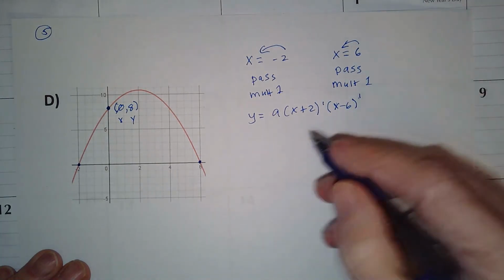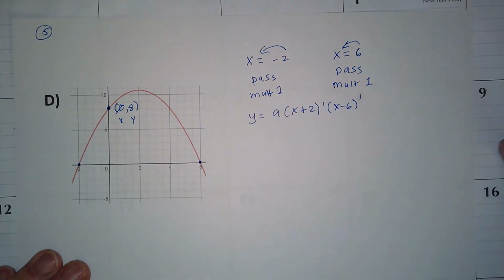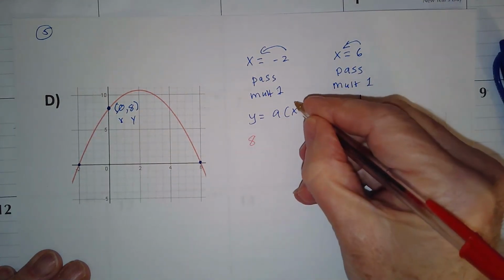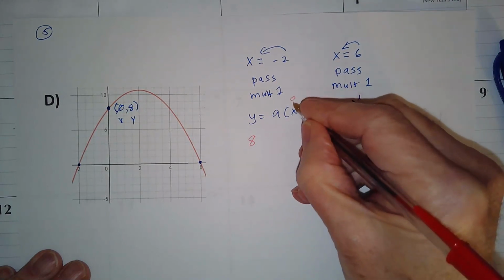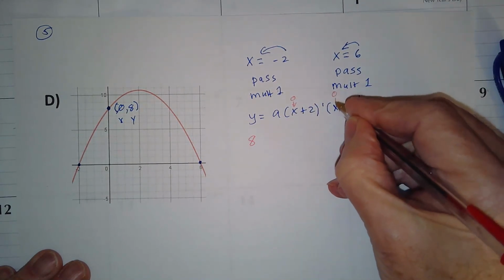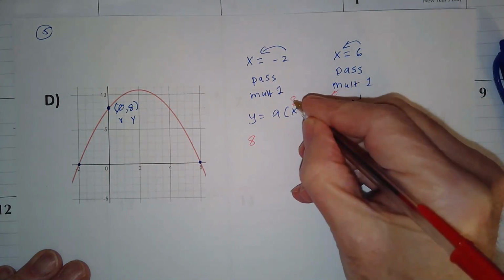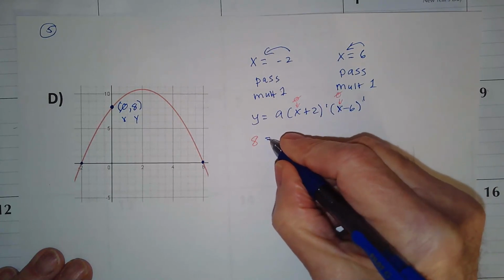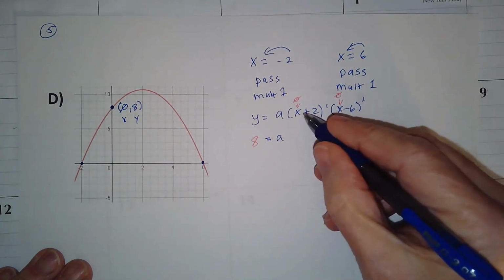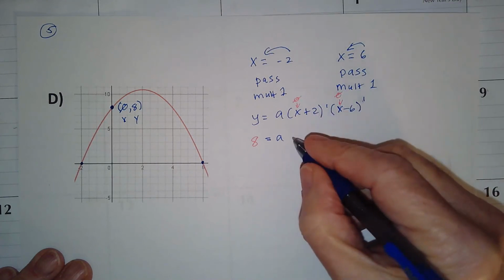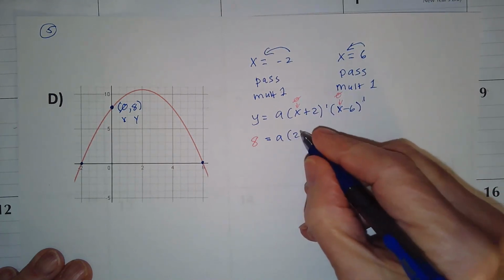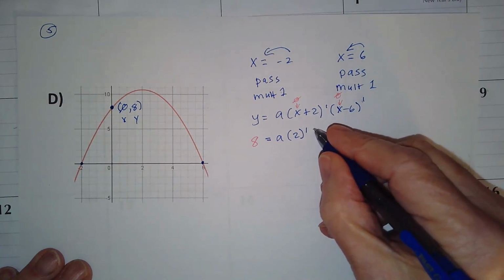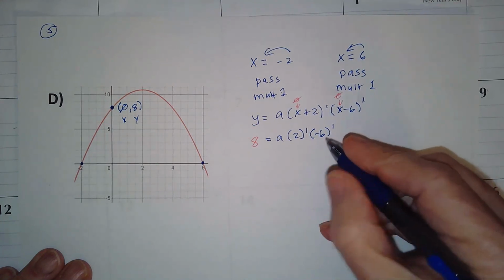All right, so we're going to use the specific point, so that means we're going to use an 8 for our y, and we're going to change the x's here to 0. Right? And so we're going to write this out as 8 equals a, and then remember, since this is 0, we're left with a 2, so times 2, and it's to the 1, and then this x is a 0, so we're left with -6, and that's also to the 1.